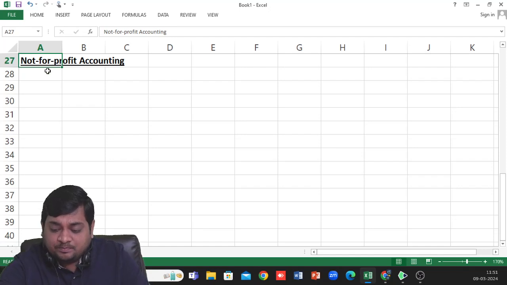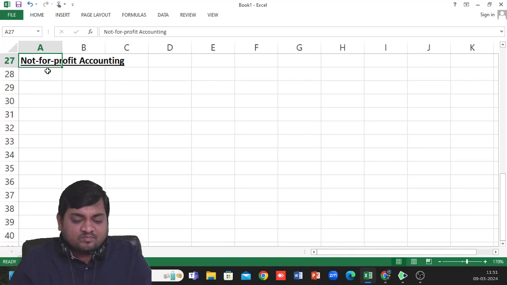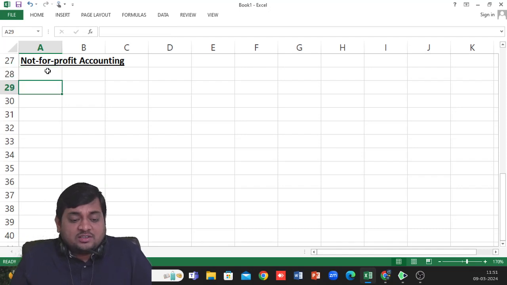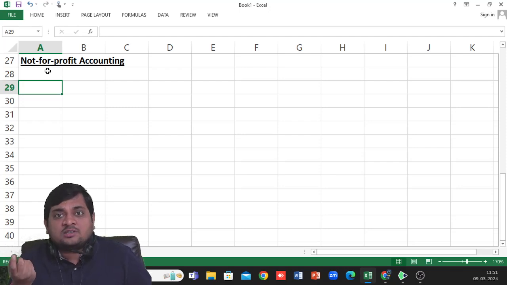Then generally the resources for profit organizations are contributed by the owners, and they expect something in return, right, from the business entity, that the business will operate and generate some profit for us, right?